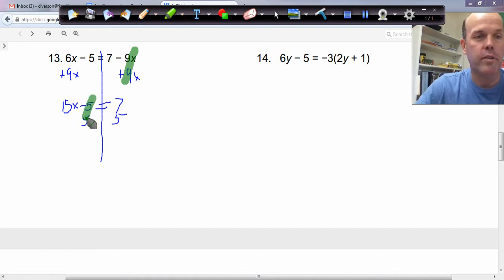And then my 5's are going to cancel. And I get 15x is equal to 7 plus 5 is 12. Alright, divide both sides by 15.